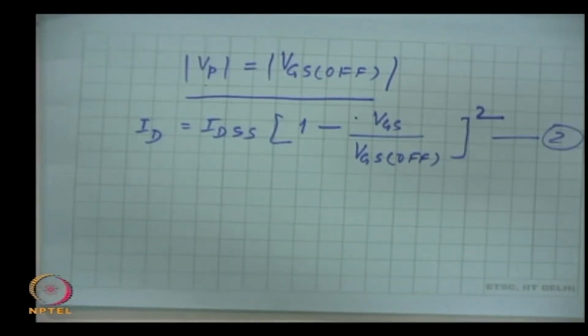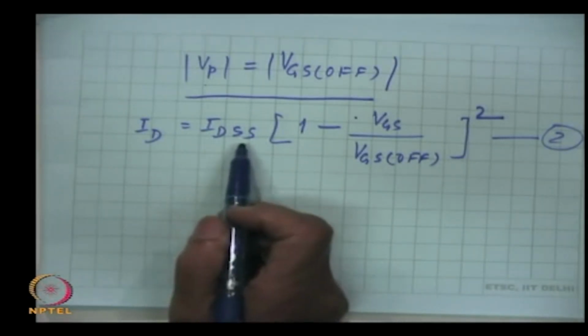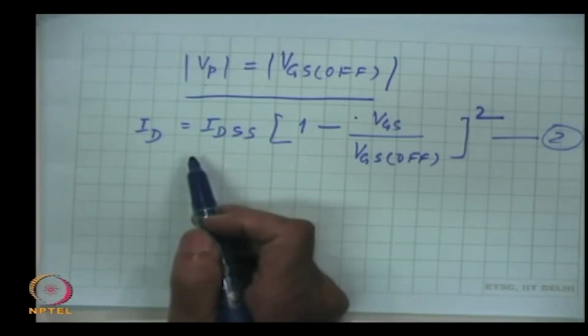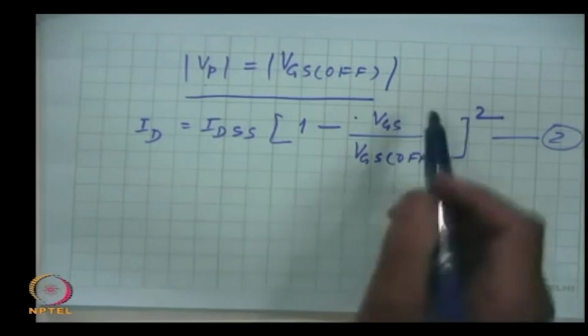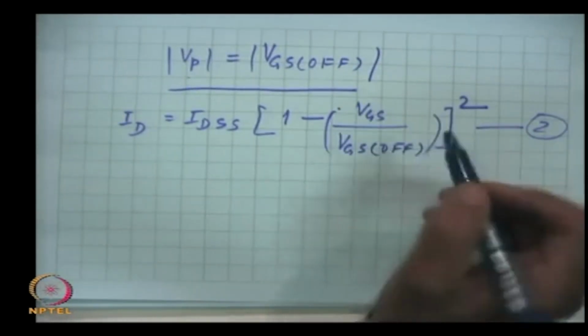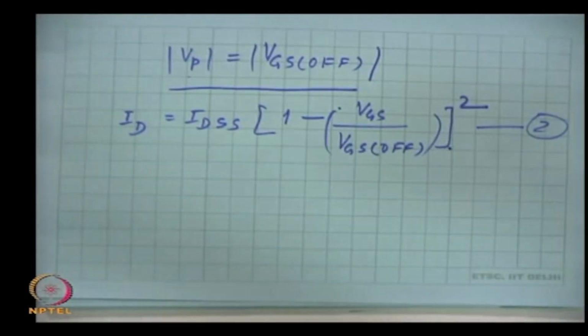Now, one thing is certain, that in this equation IDSS represents the highest current in the JFET. So, the quantity in this bracket has to be positive and less than 1.